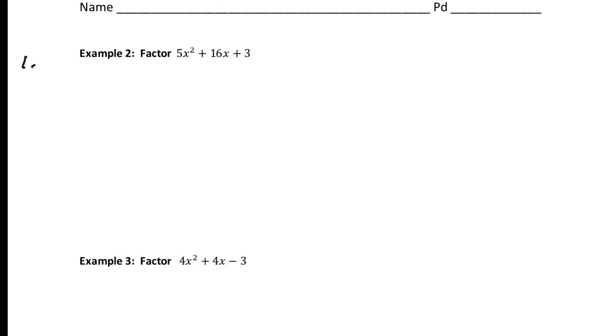Okay? So, greatest common factor. I have a 5, I have a 16, and a 3. My smallest number or coefficient or constant is 3. Does 3 divide evenly into 5 or 16? No. We know we're not doing difference of 2 squares, so we are on to the x.